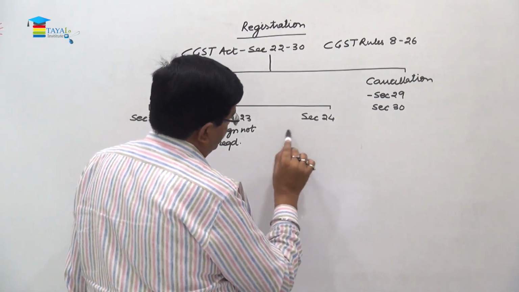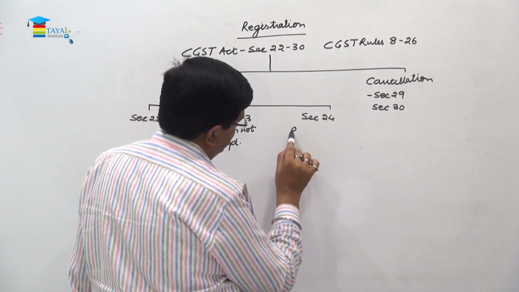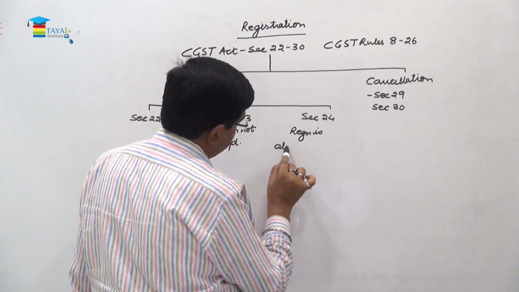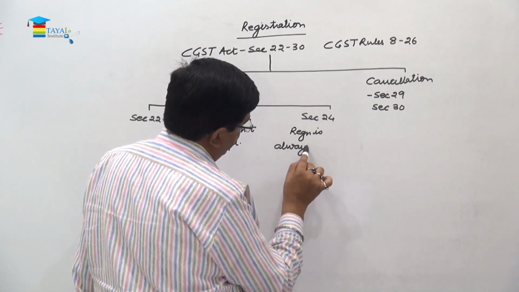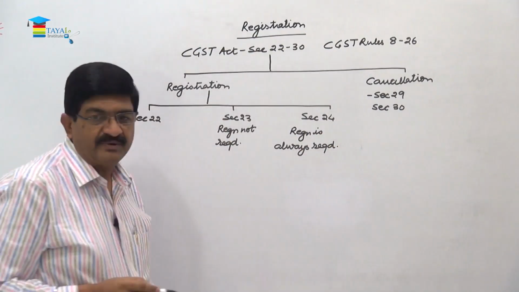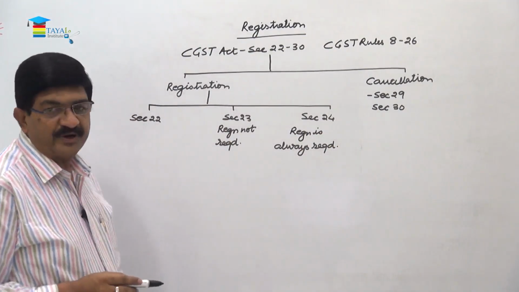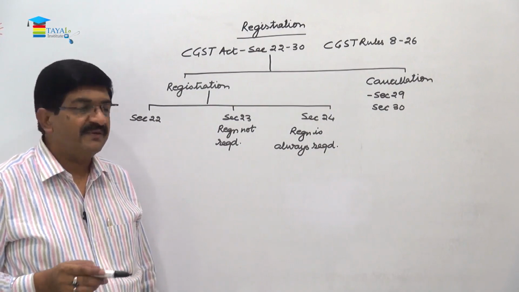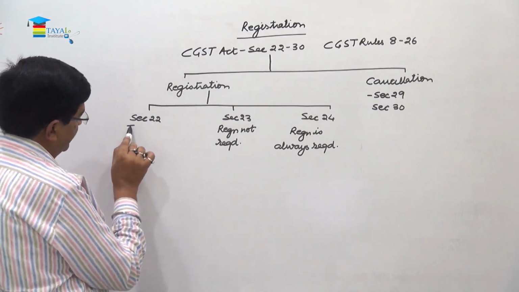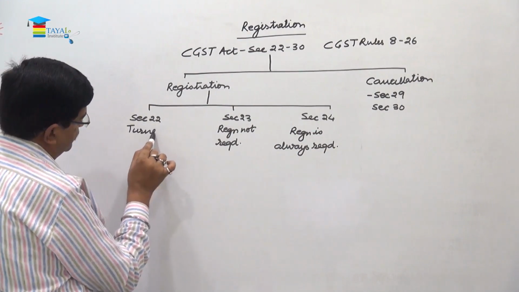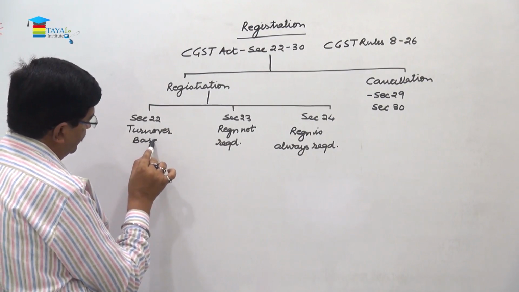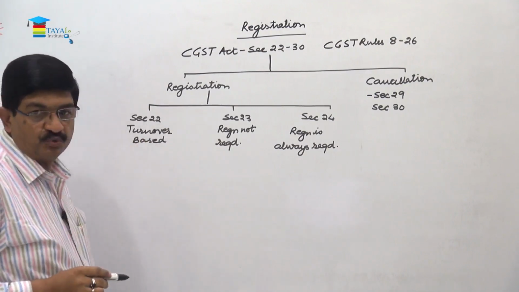And under section 24, in this case, registration is always required. It is always required. So whatever be the turnover, irrespective of that, registration is always needed. And under section 22, this is turnover based registration. In addition to turnover, some more information is also given in section 22.